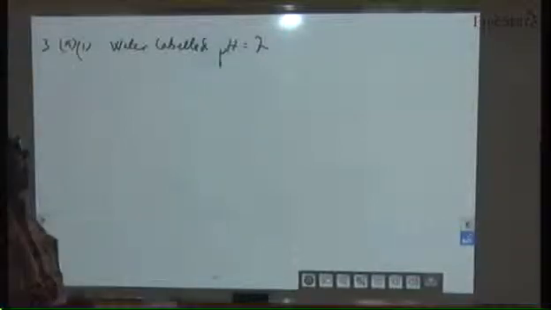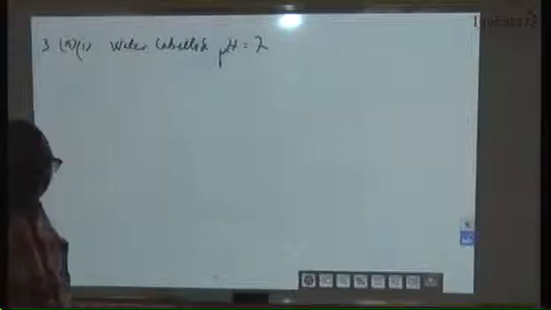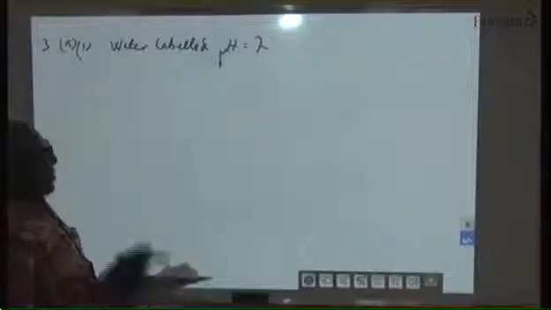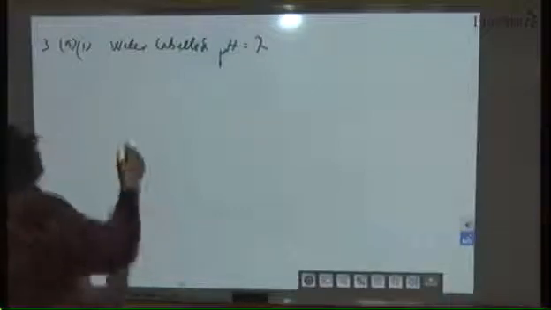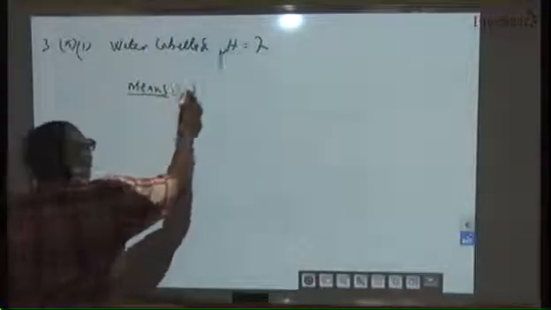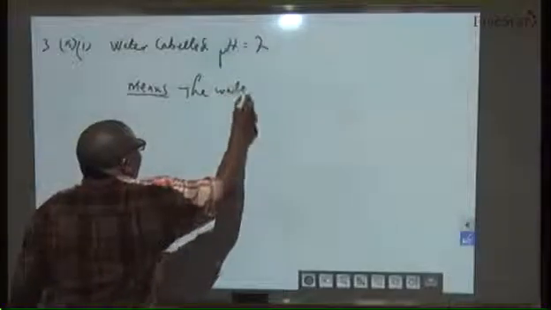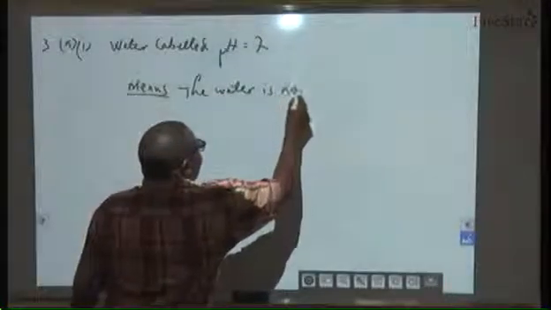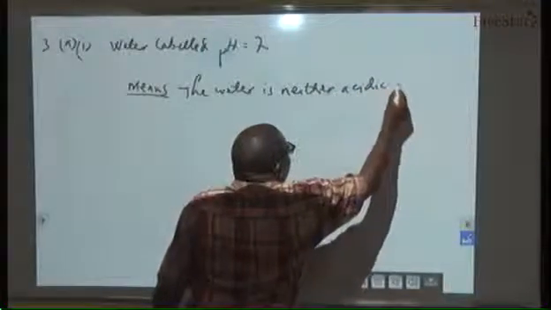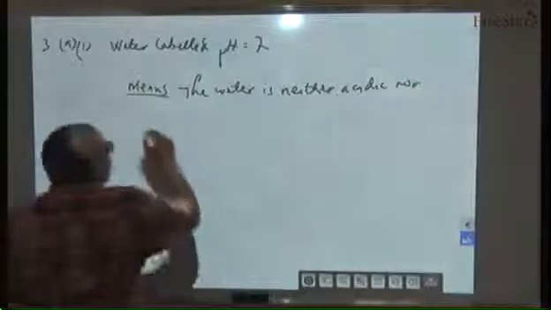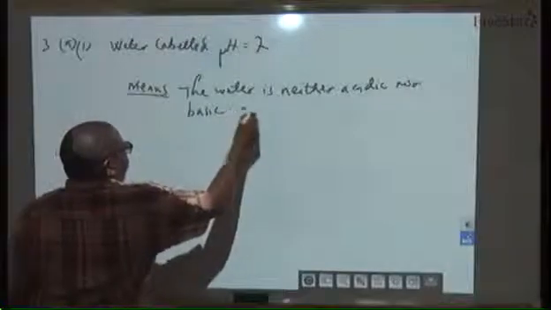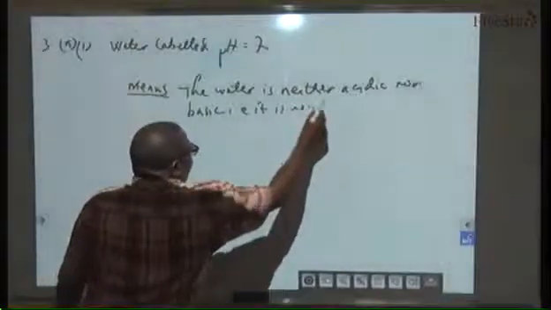It means that the pH of this water is 7, it means that this water is neutral. It's neither acidic nor basic. That is, it is neutral.